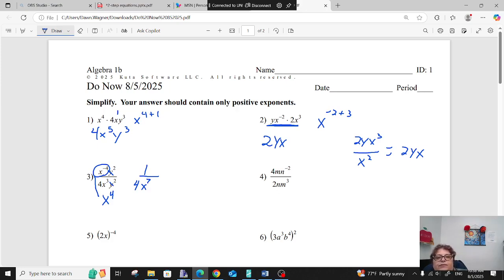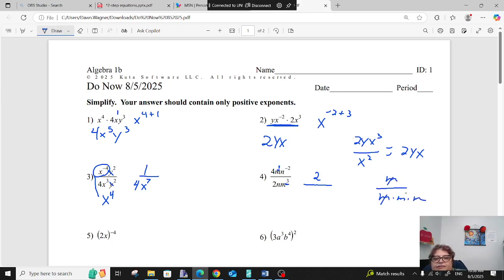Okay, over here, what's 4 divided by 2? 2. And I have an m to the 1st, m to the 3rd. When I subtract, because it's division, I have 2, but is the leftover going to be on the top or on the bottom? On the bottom, because you had more on the bottom than you did on top. Because it would be like saying I have m, and then m times m times m.